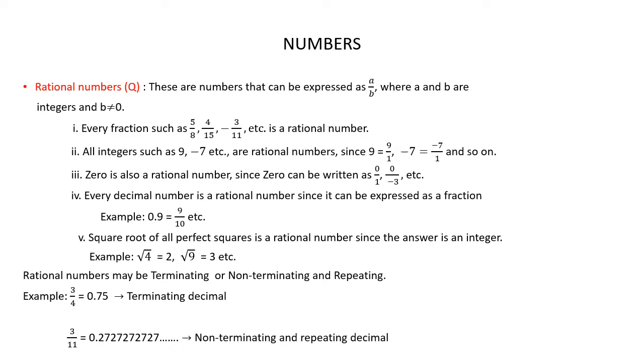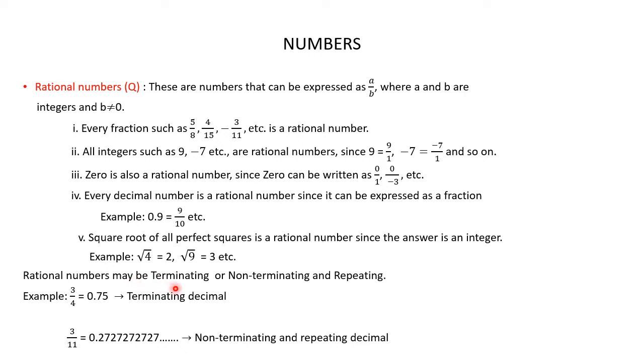For example, root 4 is 2 and 2 can be written as 2 upon 1. So root 4 is a rational number. Similarly, root 9 is 3 and 3 can be written as 3 upon 1. So root 9 is a rational number.